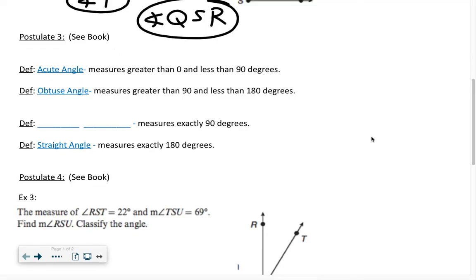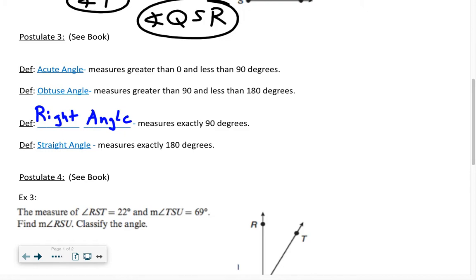An acute angle, we all know, is an angle that's less than 90 degrees. Next one is a right angle, which measures exactly 90 degrees. Something greater than 90 but less than 180 is considered obtuse.